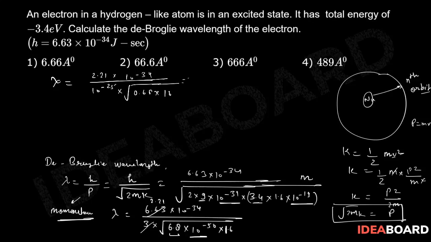Why I am doing that, you will get to know, because it will help us in the solution. So 2.21 into 10 to the power minus 34 divided by 10 to the power minus 25 into 4, and 0.68 will give us 0.82 approximately.